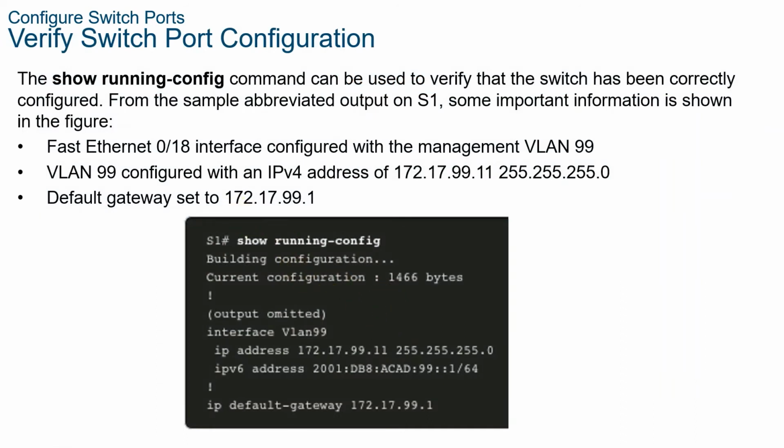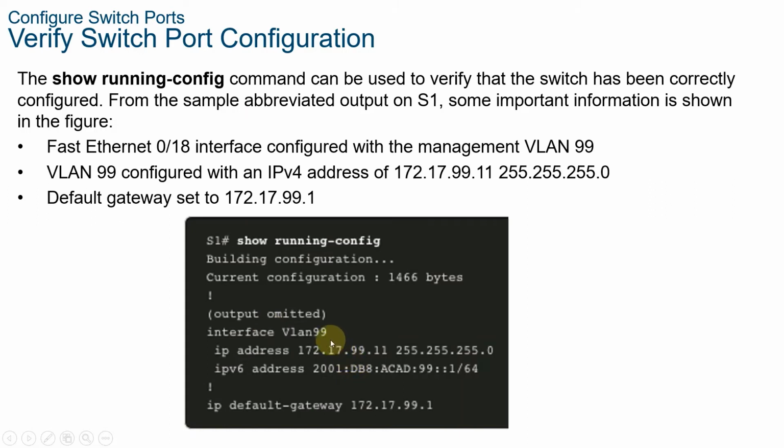Verifying switch port configuration. Usually we use the command show run. This can be used to verify that the switch has been correctly configured. From the sample abbreviated output on switch 1, show running-config, we can see that the FastEthernet 0/18 interface is configured with VLAN 99.